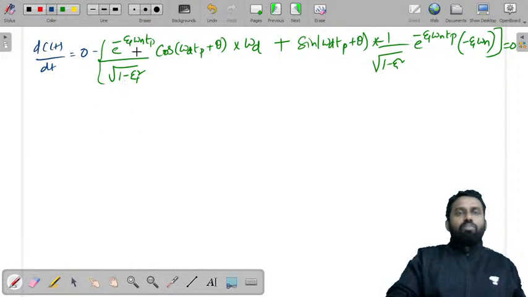So can I take all these? You cannot make this e power term equal to 0.